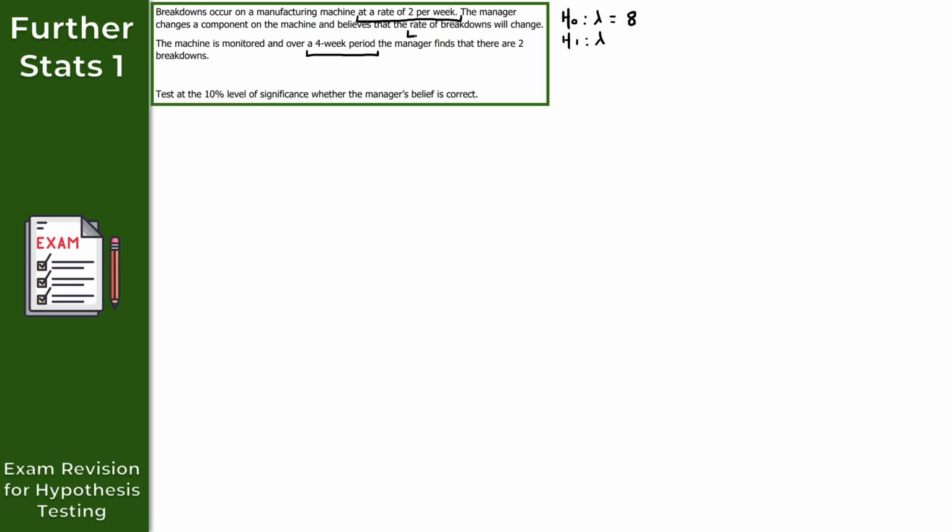It doesn't imply that the rate will increase, and it doesn't imply that it will decrease, just that there is some change. So it's either going to increase or it's going to decrease. In that case, we have a two-tailed hypothesis test. So we're saying that lambda is not equal to this value of 8. That gives us our null and alternative hypothesis to get us started.